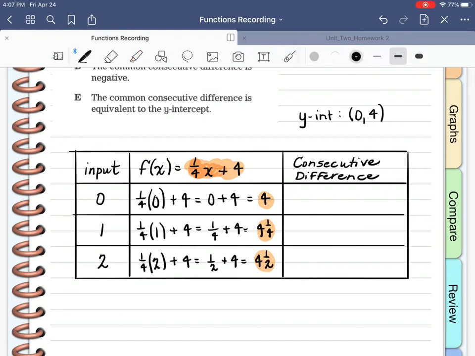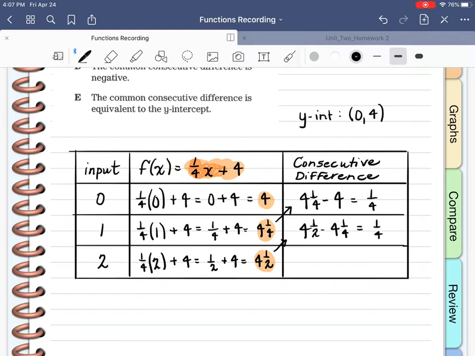So remember, we take the lower one first, so 4 1/4 minus the top one of 4 is 1/4. We take 4 1/2 minus 4 1/4, and we get 1/4.